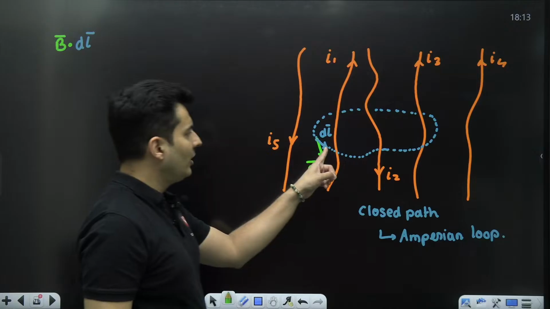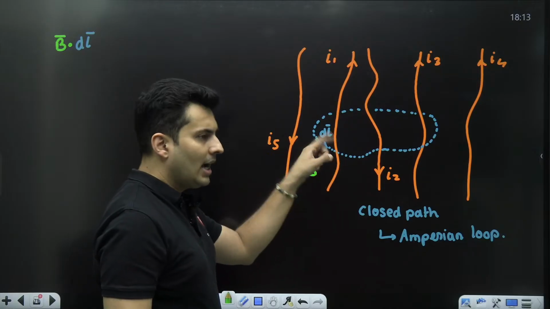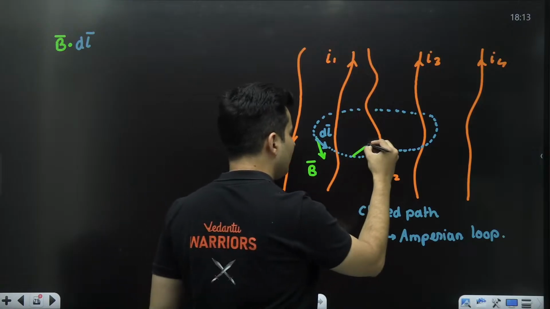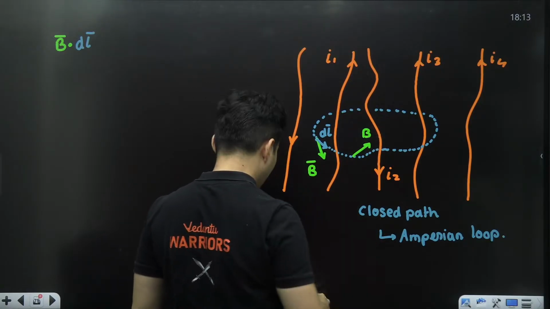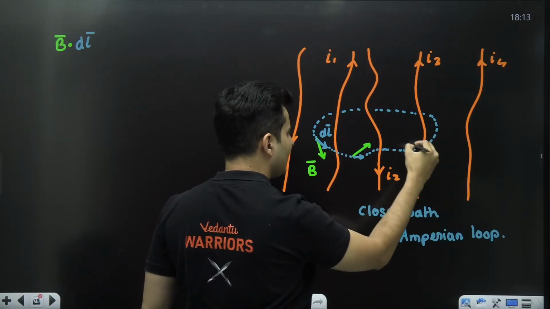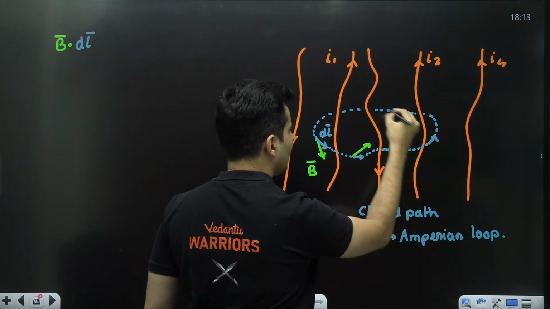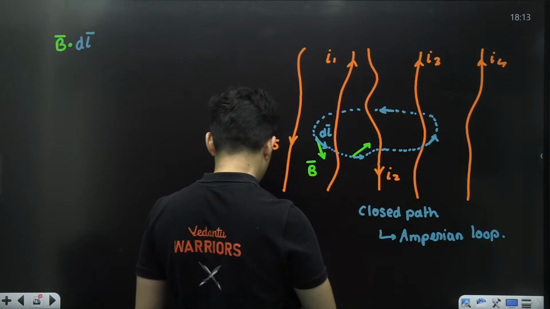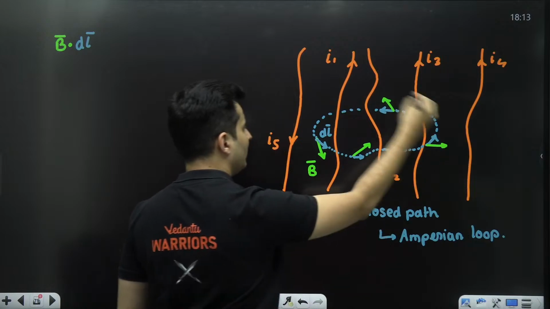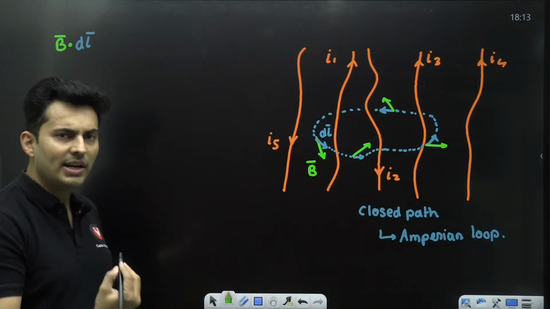You go to the next point, there will be a new magnetic field, and take the dot product with the displacement there. So at every single point, there will be a new magnetic field and a new displacement, and you keep doing the same thing throughout that particular loop for all the points: B dot dl, B dot dl, B dot dl, B dot dl.